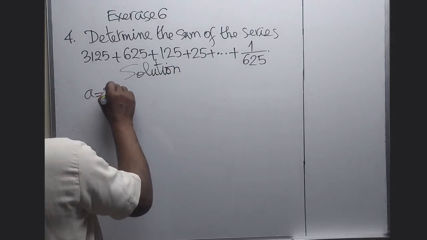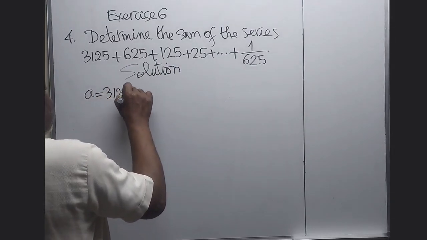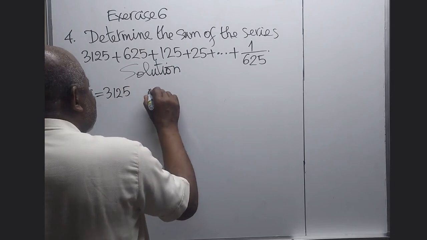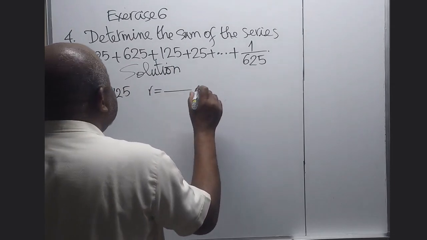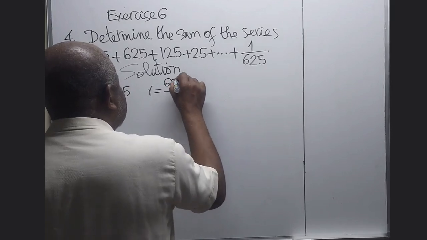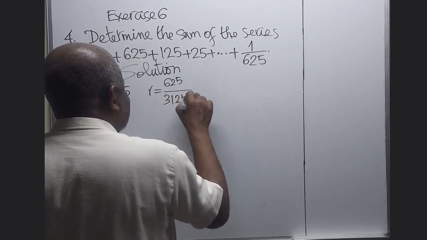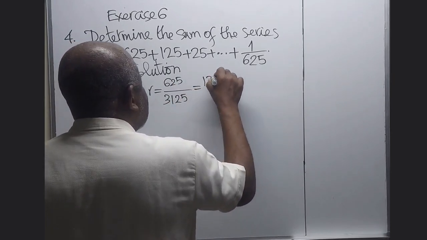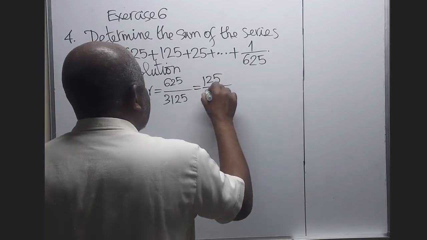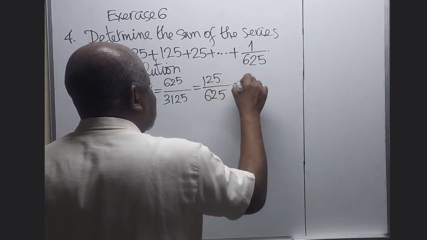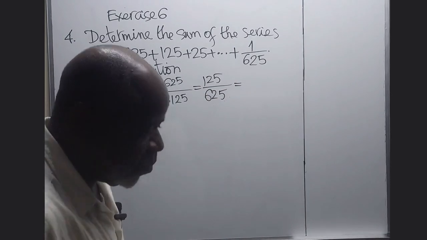Our first term a is 3,125. And if we want to get the common ratio, it will be 625 divided by 3,125. This will be equal to 125 over 625. So how much is this going to be?